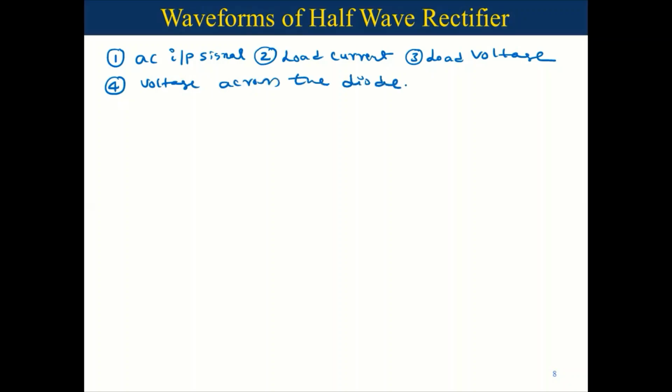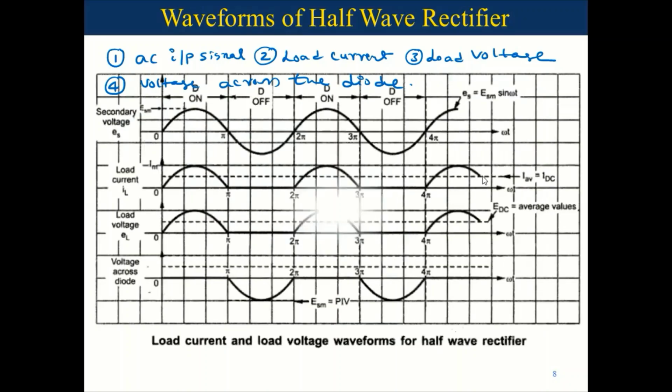I'm trying to sketch these four waveforms. So there are four waveforms in this diagram: AC input signal, load current, load voltage, and voltage drop across the diode.